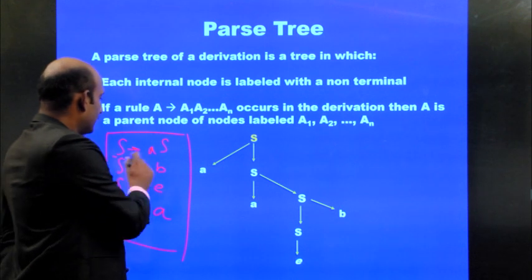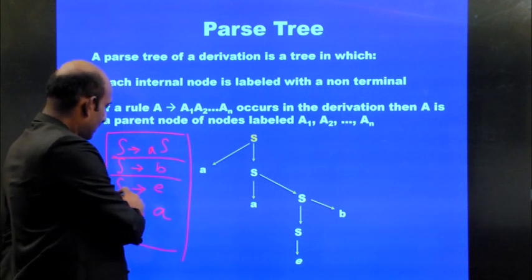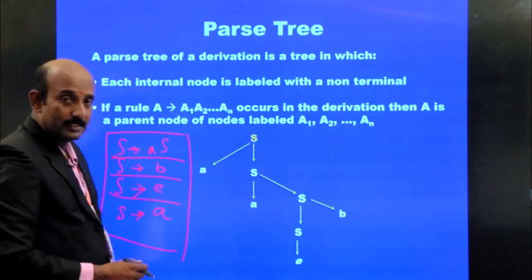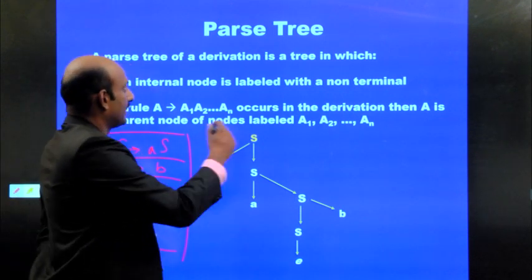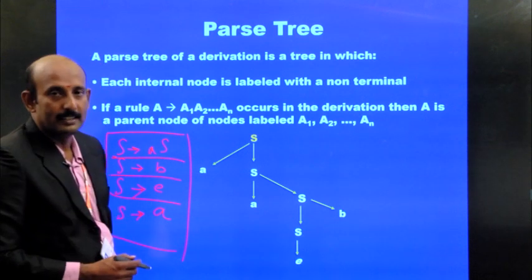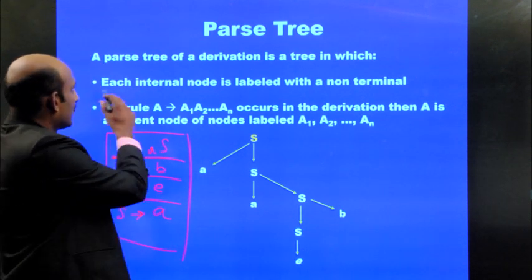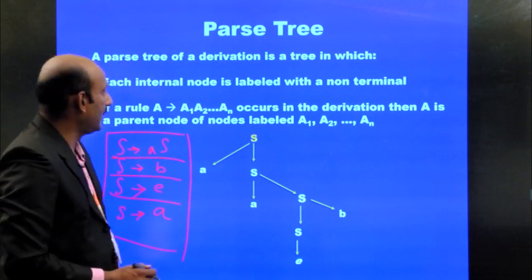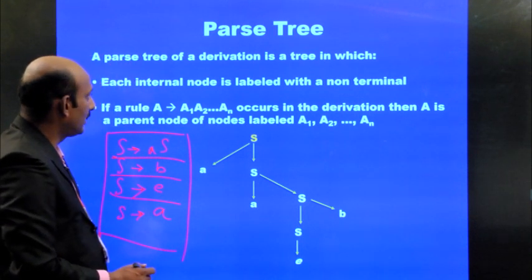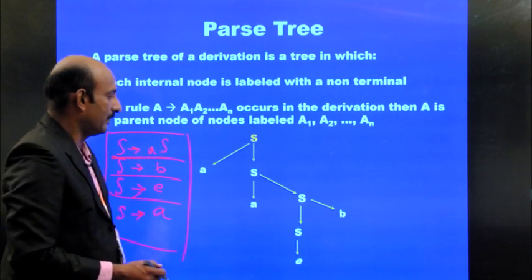These productions we can write in the form of a graphical representation, that is, in a tree-structured format, which is called a parse tree. A derivation is a tree in which each internal node is labeled with a non-terminal.